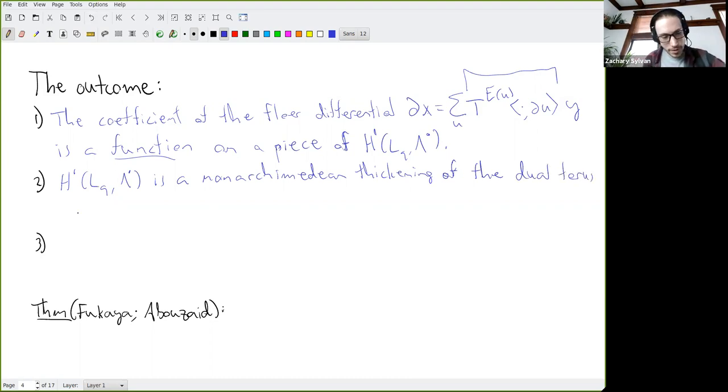The dual torus being H^1 of LQ with S^1 coefficients, and this is just under the inclusions.